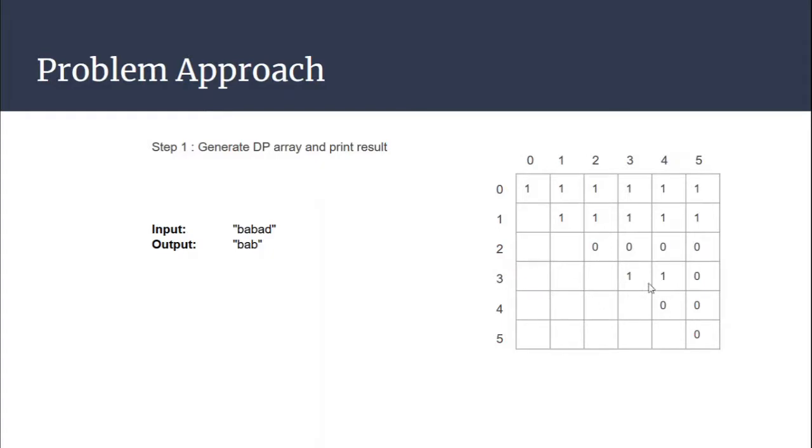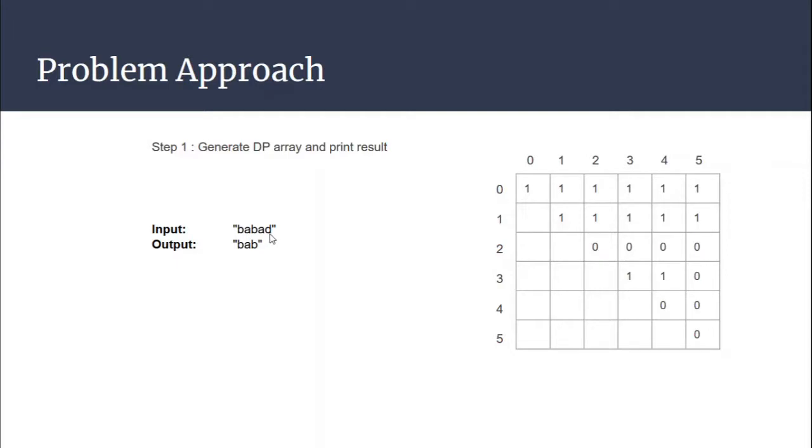In row 3 we have 2 ones, which means there are 2 substrings of length 3 which are palindromes. You see, it is 3 3, which means the length 3 substring which ends at position 3. This is the length 3 substring BAB which ends at position 3, so BAB is a palindrome as indicated by cell 3 3. Cell 3 4 is also 1, which means the length 3 substring which ends at 4 is also a palindrome.